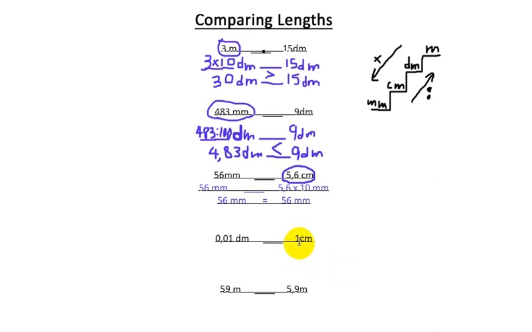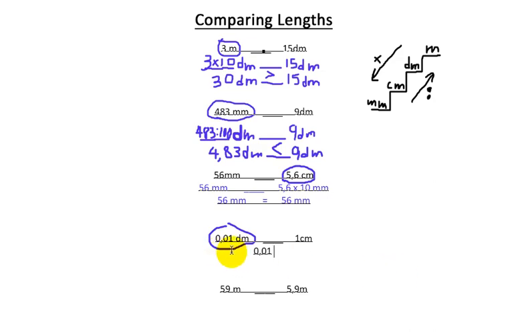Here I'm going to choose, let's circle it actually first. I'm going to choose the bigger one again. So this one. Decimeters is more than centimeters. So we're going to say 0.01.